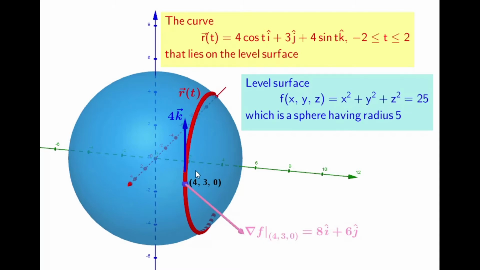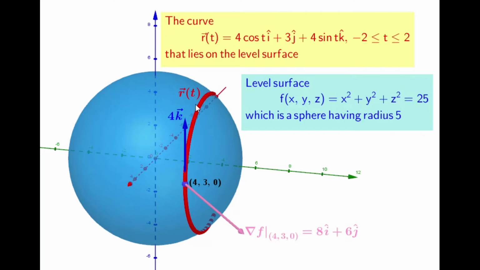And this red curve is the curve corresponding to the vector valued function r of t is equal to 4 cos t i plus 3j plus 4 sin t k, where the parameter t varies over the interval -2 to 2.